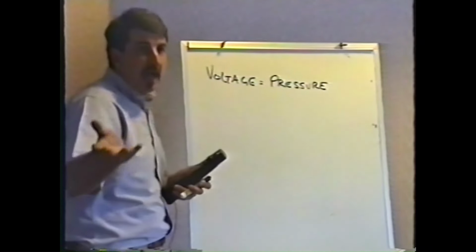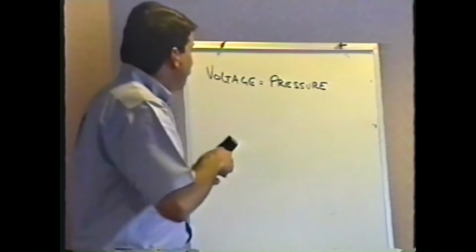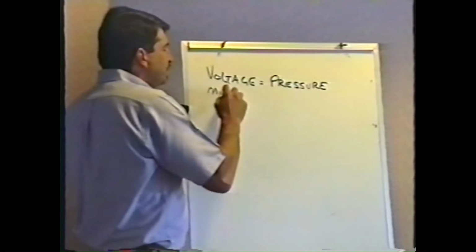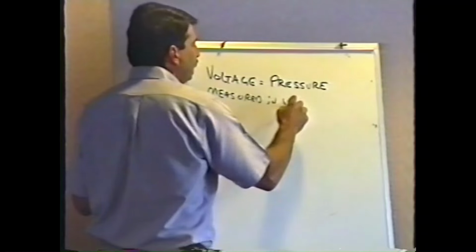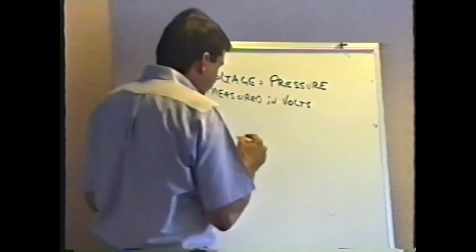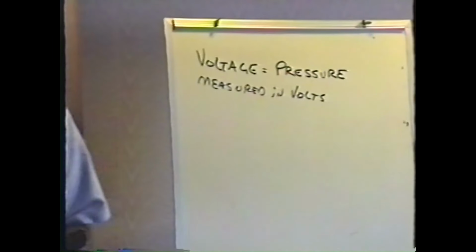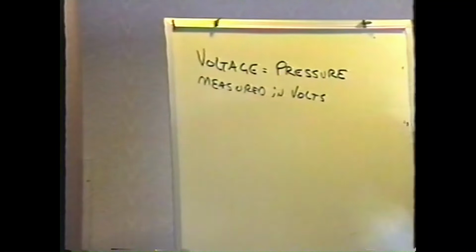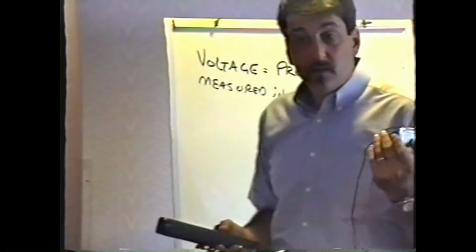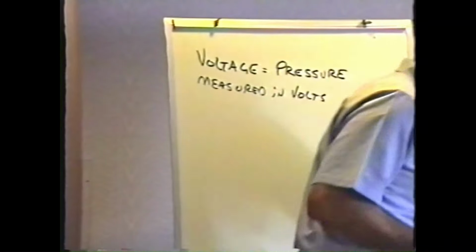Yeah, PSI, pounds per square inch, right? Voltage, our unit is the volt. Voltage is measured in volts. 1 volt, 2 or more volts, pretty simple. In this case, named after a guy named Alessandro Volta. He's an Italian guy, and he's the guy that invented the chemical battery, like hundreds of years ago.